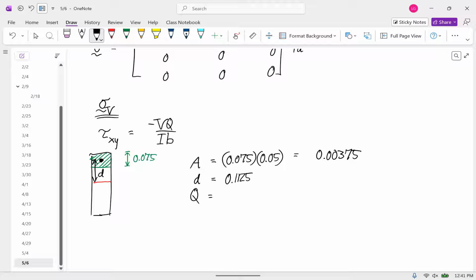And so Q is the two of those multiplied together. So 4.219 times 10 to the minus 4.